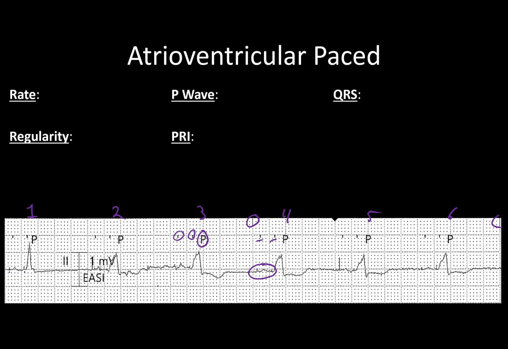All that being said, let's approach this like we usually do. 6 times 10 equals 60. We are regular. We've got 1 spike per P wave and 1 spike per QRS, so we have 2 spikes per beat.